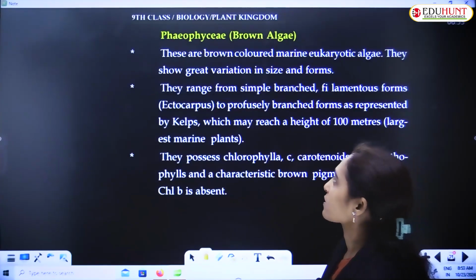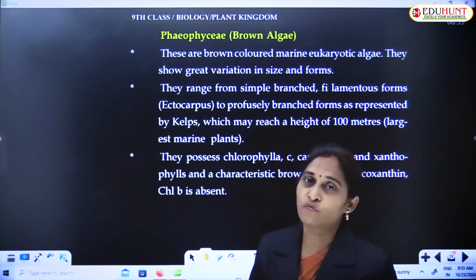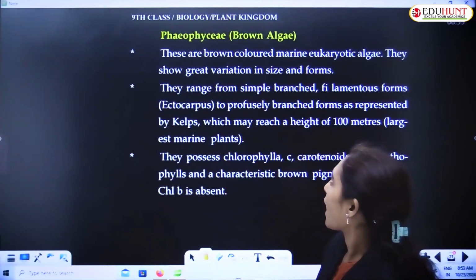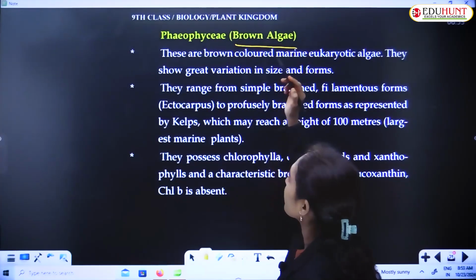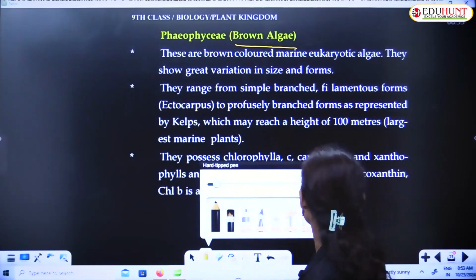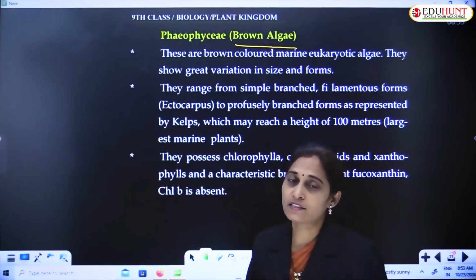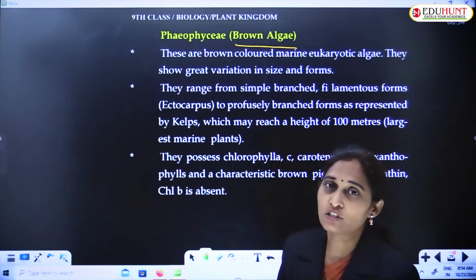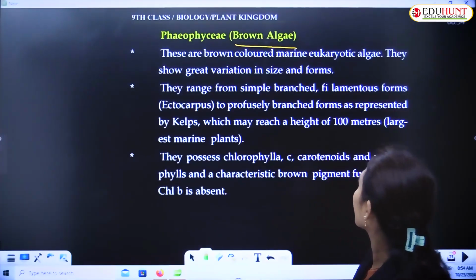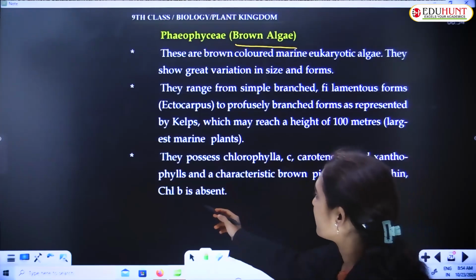Now we are going to discuss the next algal group, that is Phaeophyceae, commonly called brown algae. They are called Phaeophyceae because of the presence of different pigments other than chlorophyll A. In addition to chlorophyll A, they have chlorophyll C, and chlorophyll B is absent.